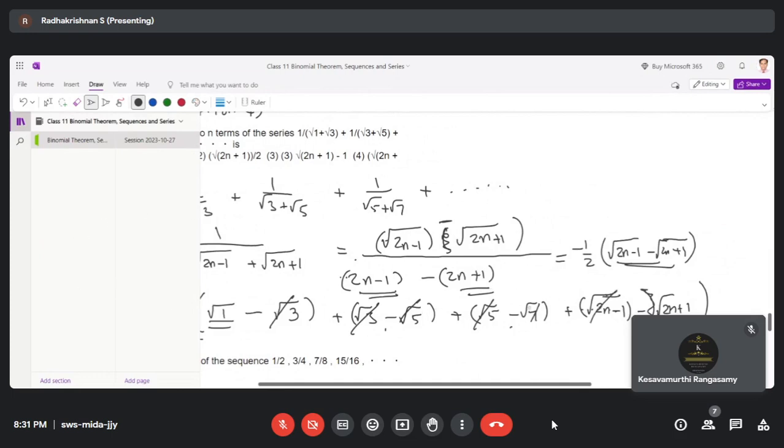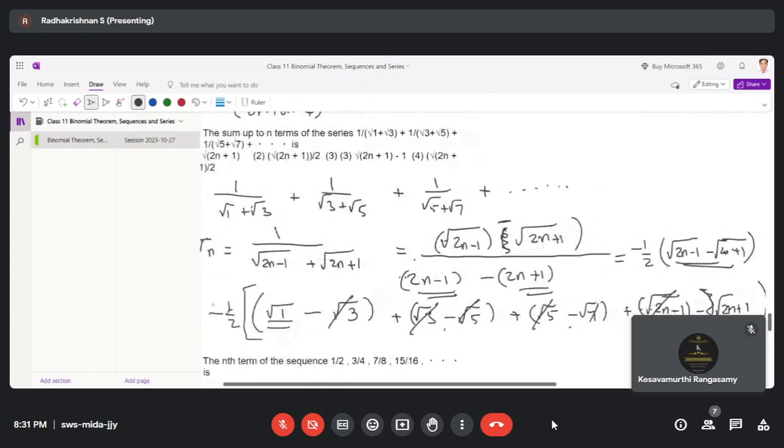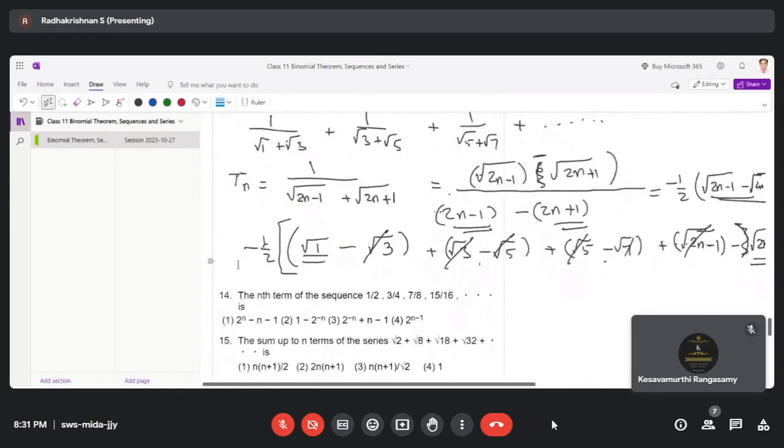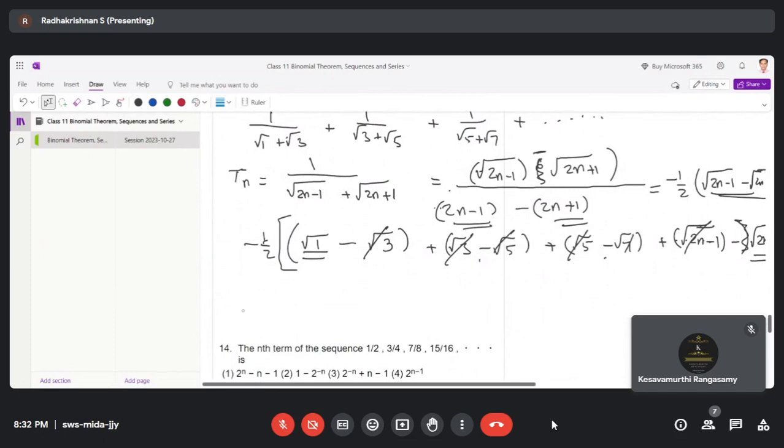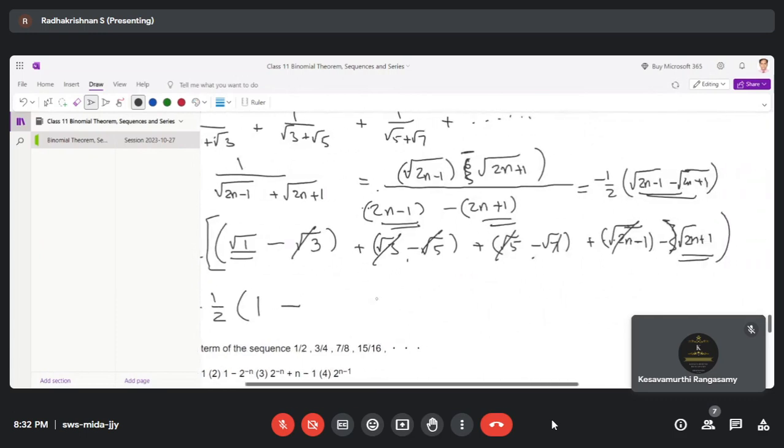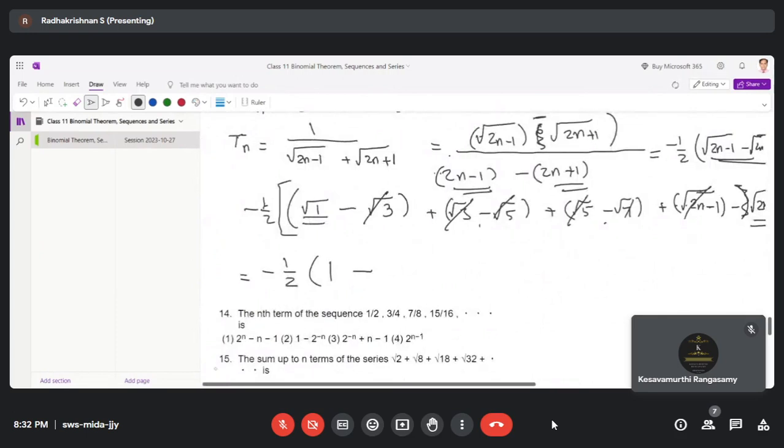Then the previous term would have had minus root of 2n plus 1. So what remains is therefore minus half into root 1 minus, I'll write it. Root 1 is simply 1, right? 1 minus root of 2n plus 1.